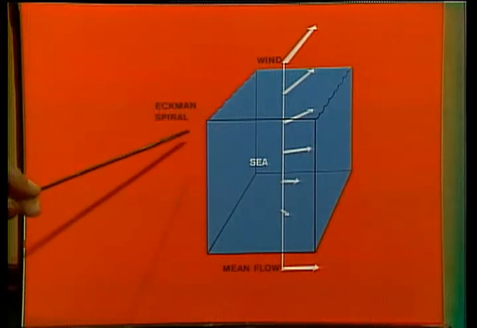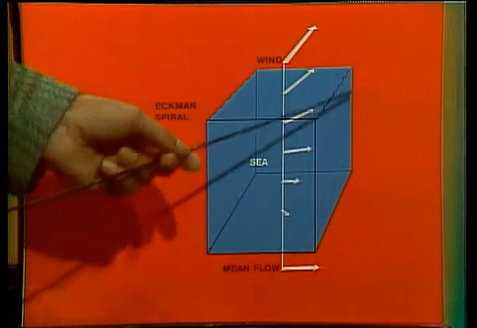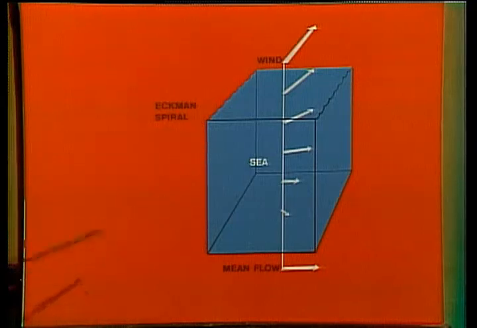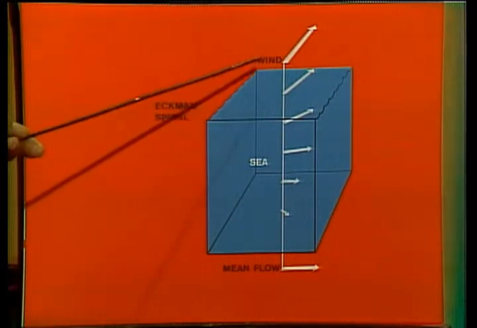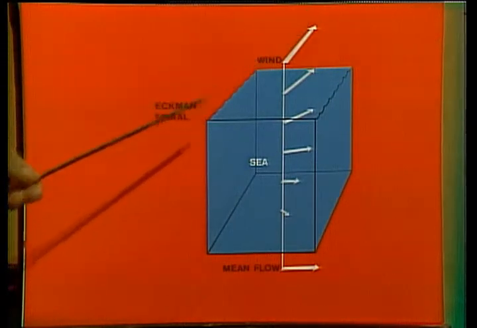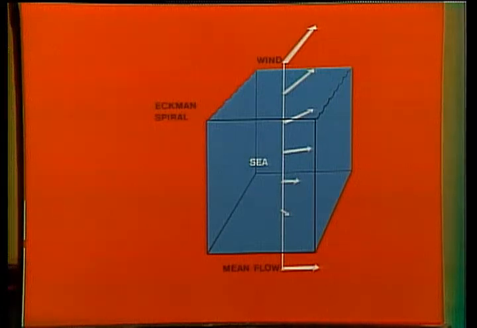Let us imagine this as a little section of the ocean, a little square of the ocean, with the wind blowing in the direction indicated by the arrow. Now, to begin with, the water is going to move in the direction of the wind. But as it moves, the Coriolis effect begins to be felt, and the water will in fact move to the right of the direction of the wind.